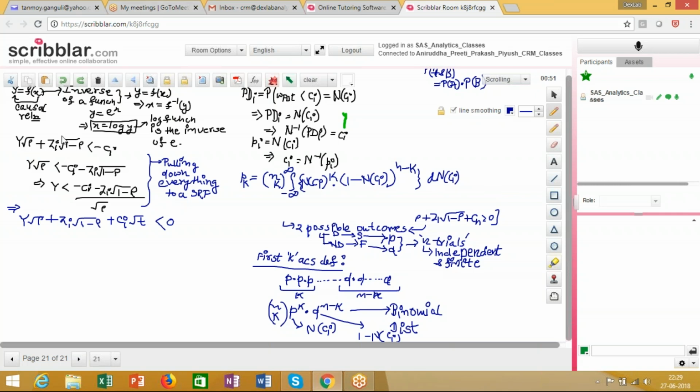If we have a look at this expression, Y root rho plus Zi root 1 minus rho less than minus Ci, you will see that Y is nothing but your systematic factor, right? Because the portfolio factor is a factor which is affecting everyone, all the borrowers involved in the portfolio.